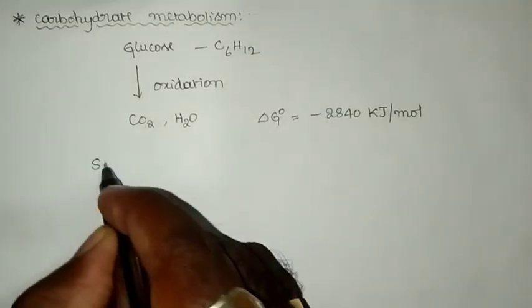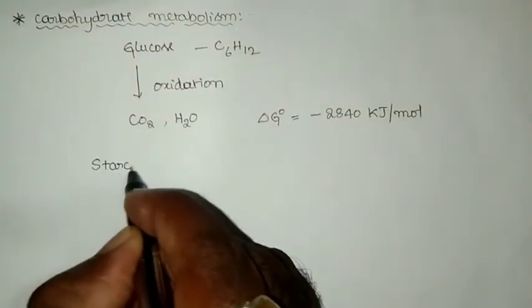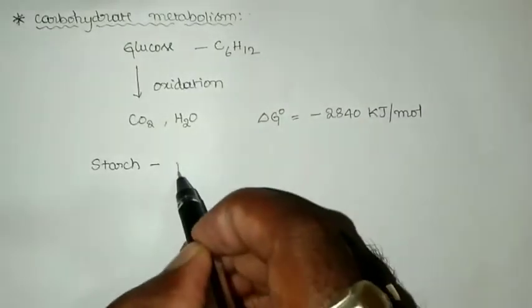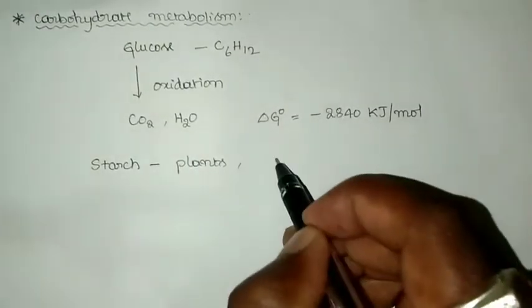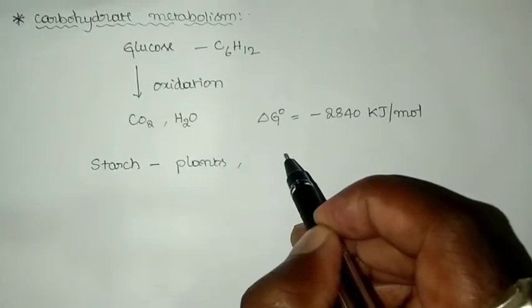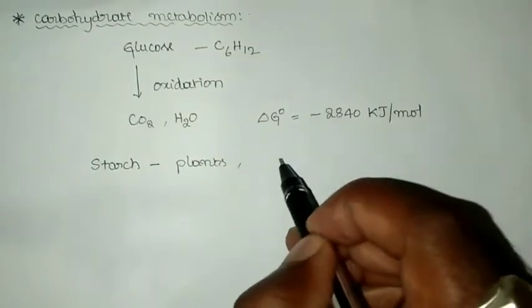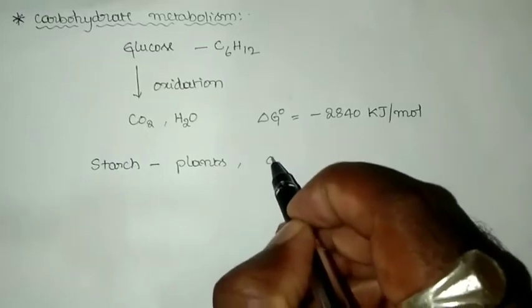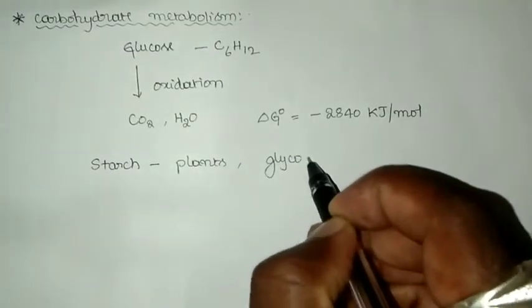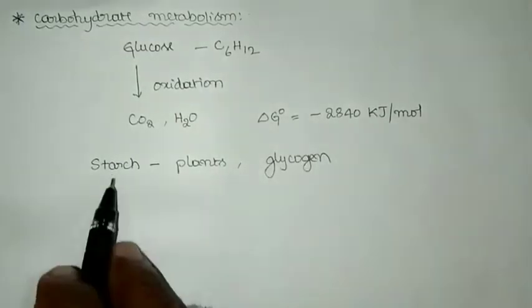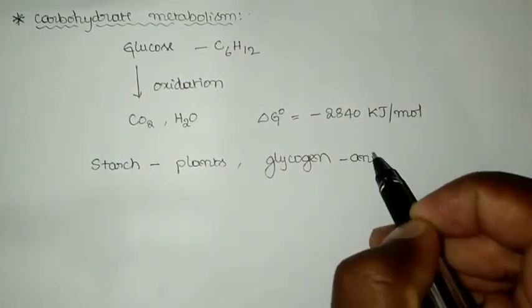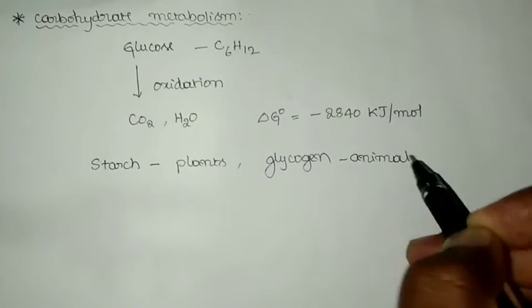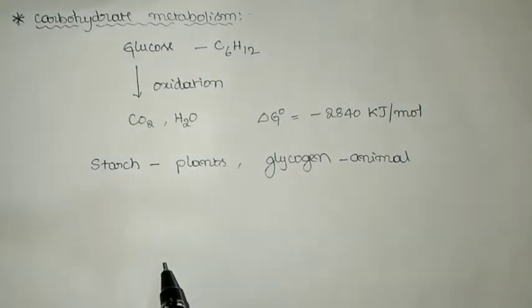For example, starch, which is produced in plants. In animal cells, the glucose will be stored in the form of a complex polymer that we call glycogen. So glucose will be stored either as starch in plants, or as glycogen in animal cells.